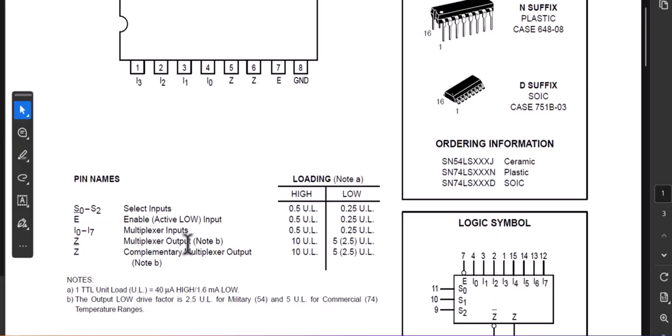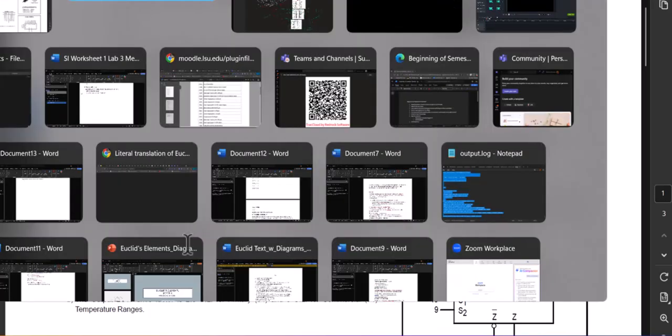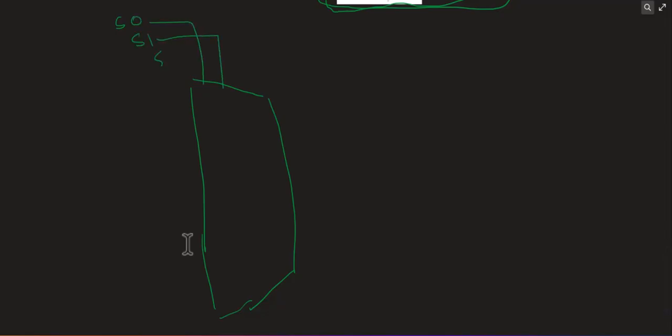So let's remind ourselves of what the multiplexer does. So schematically first, I have a multiplexer, and I have 3 inputs. And normally we just draw it with one output.